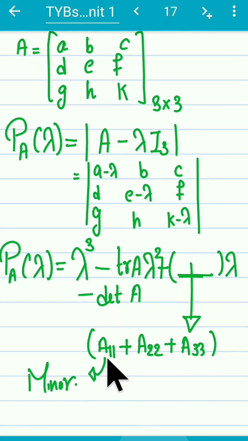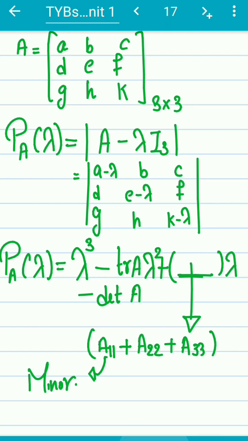What is A11? We delete the first row and first column and find the determinant of this. What is A22? Deleting the second row and second column and finding the determinant. What is A33? Deleting the third row and third column and finding the determinant of this. So this is the formula.